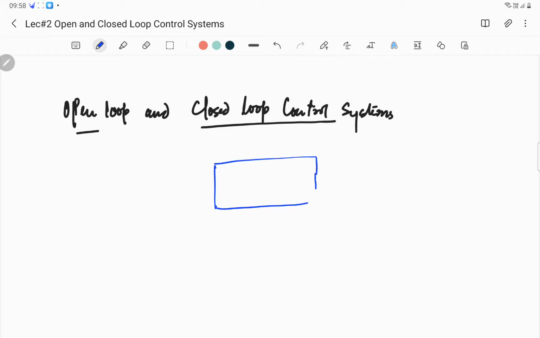we have a control system, we have some input to it, and we have an output.